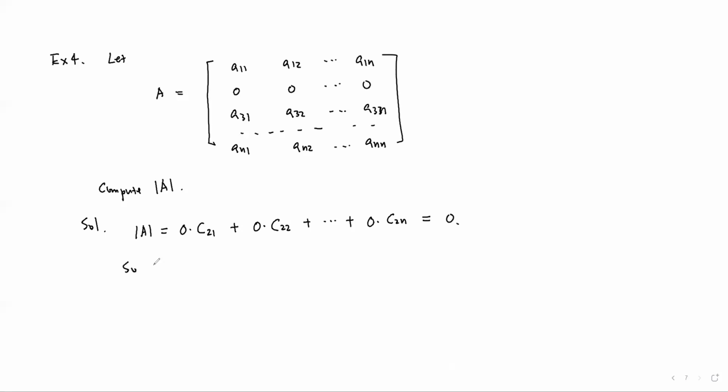Therefore, A has no inverse because the determinant is 0. So this matrix has no inverse. So when a matrix has a 0 row, the matrix has no inverse. Done.